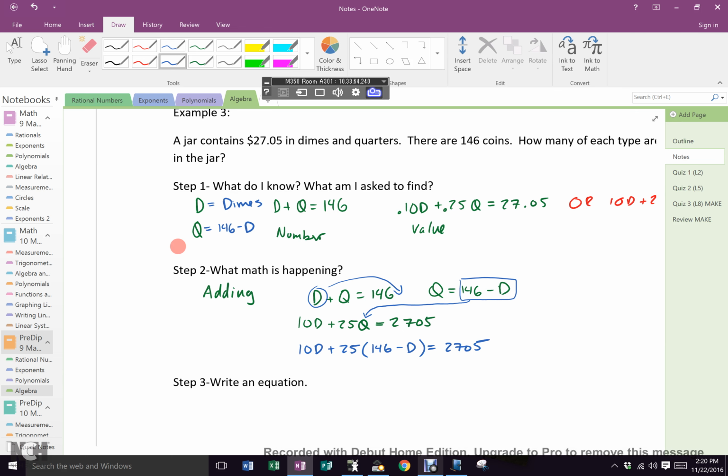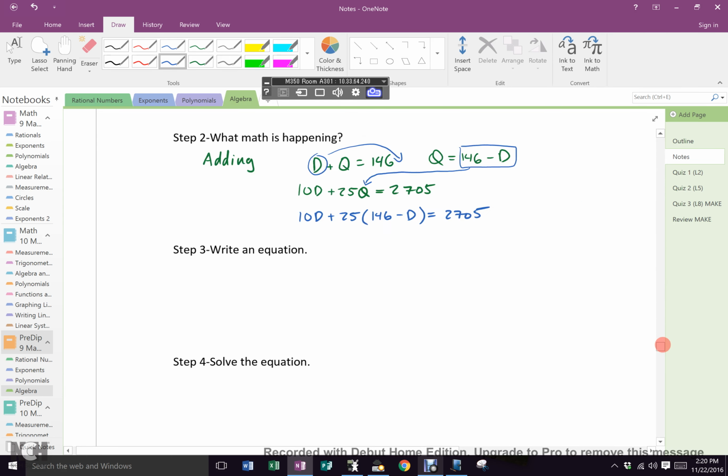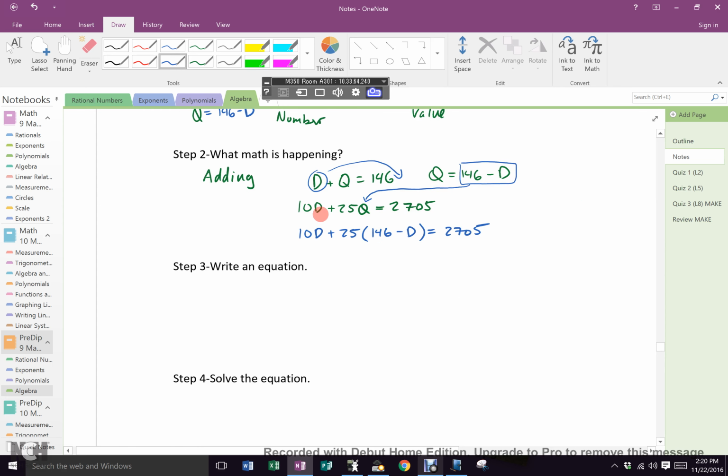Now let's solve it. We have our equation right here, because we substituted. Oh, that's a big messy equation, but we can do it. What do I do first?